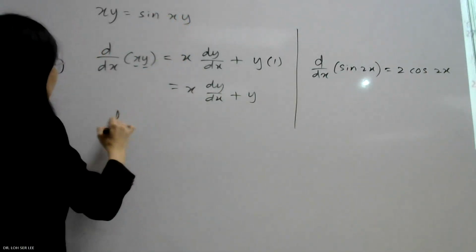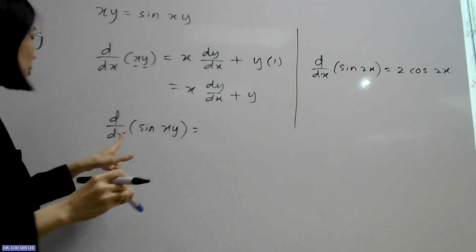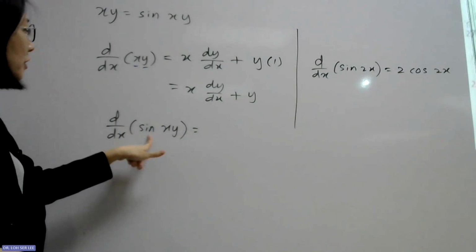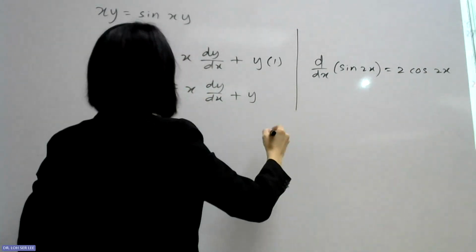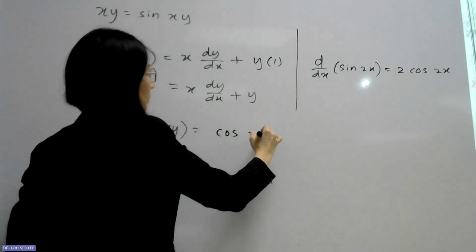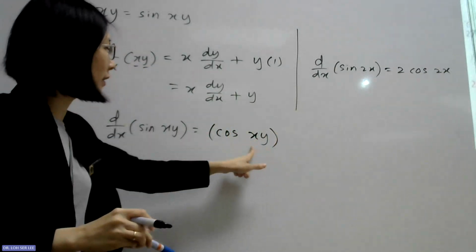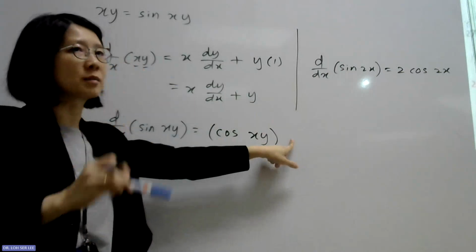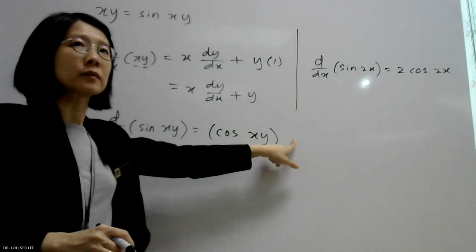Okay, now we want to differentiate sine xy with respect to x. So differentiate sine, we get a cos function with the same angle xy, and then we have to differentiate this angle and multiply here. Either here or here, doesn't matter because it is multiplication. So when you differentiate xy, what do you get?